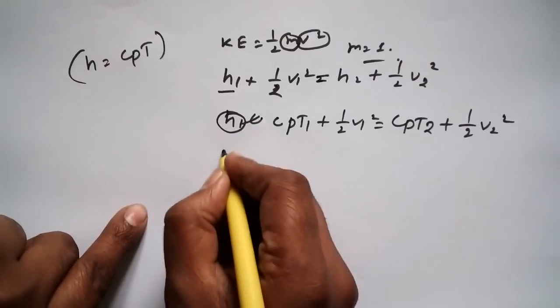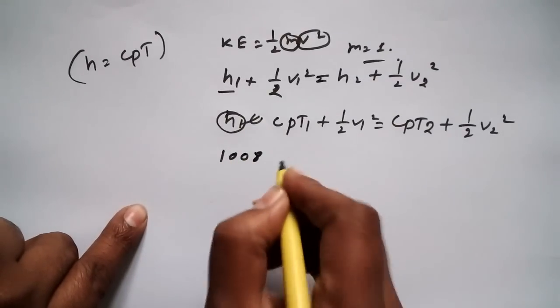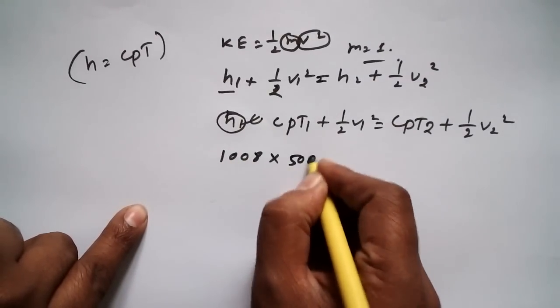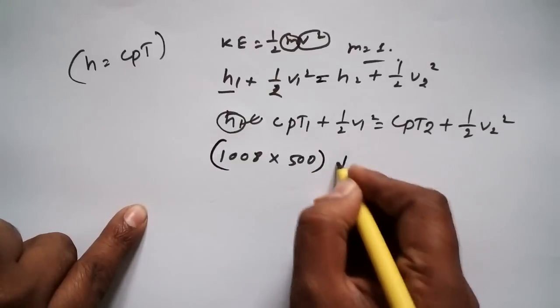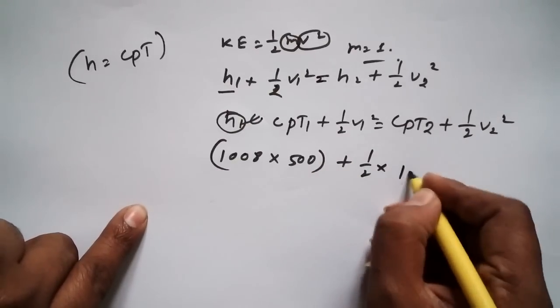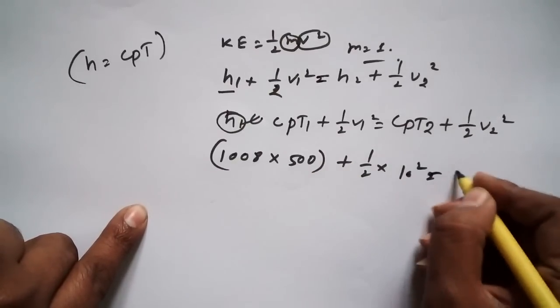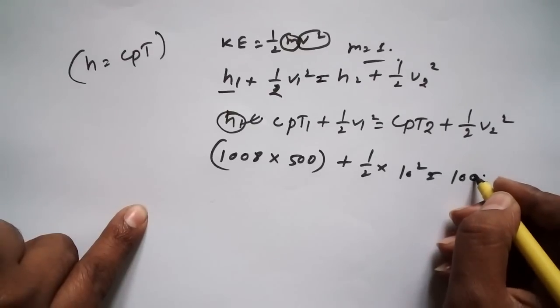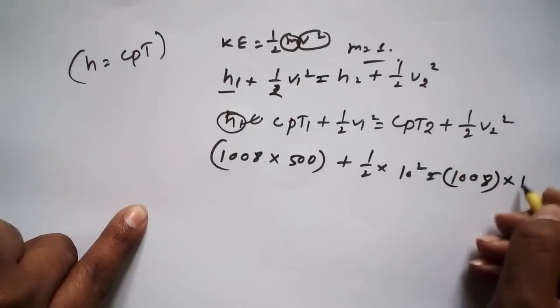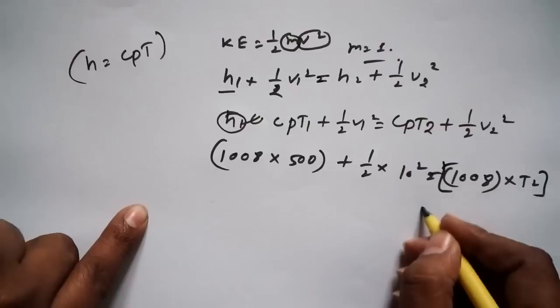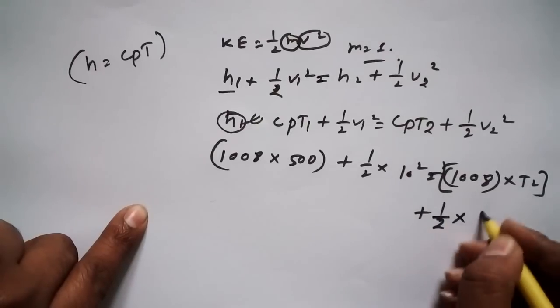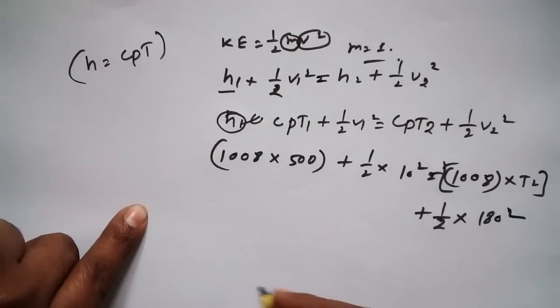Now we know cp is equal to 1008, T1 we know is 500 Kelvin, plus half v1 squared with v1 equal to 10, is equal to 1008 into T2 plus half into 180 square.